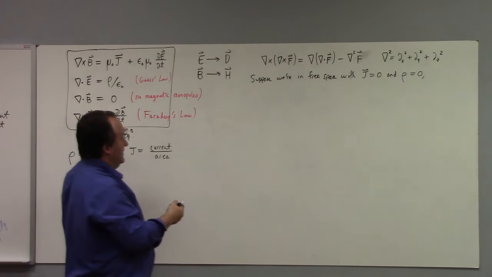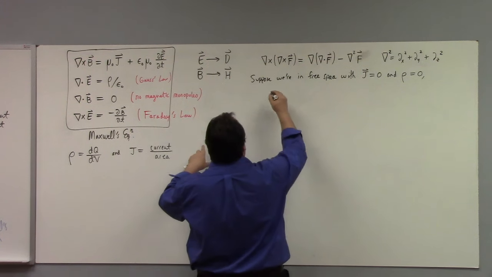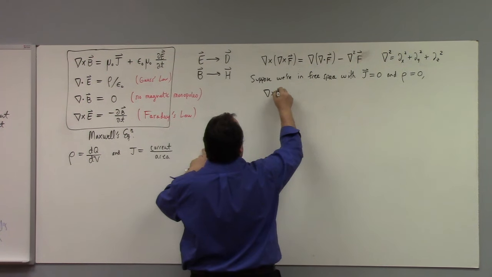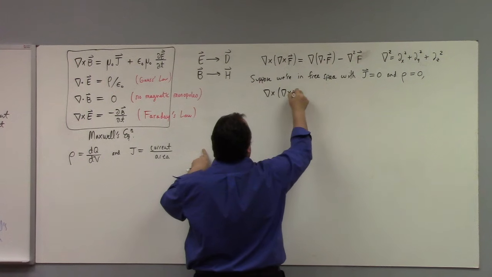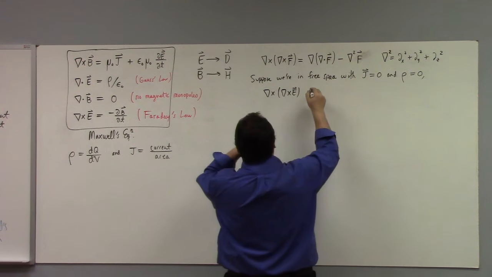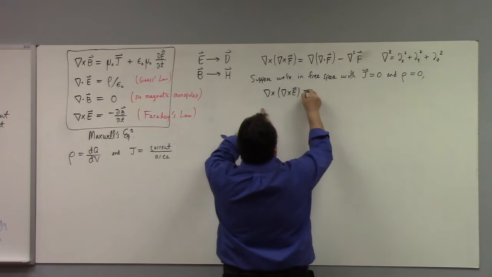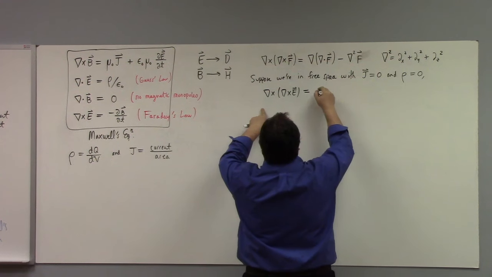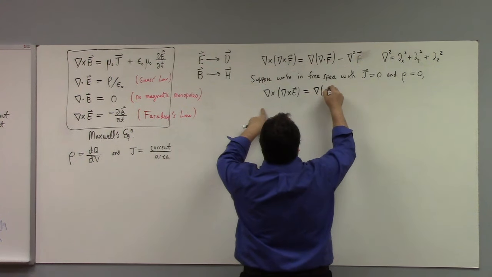Well, we have Maxwell's equations, right? So if we look at the curl of the curl of the electric field, that is equal to what? We got the gradient of the divergence. What's the divergence of the electric field?